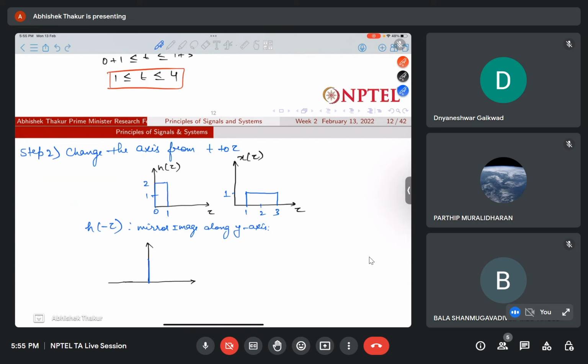I will draw it neatly. So this is 2, this is 1. This is from 0 to minus 1 because this is h minus tau.